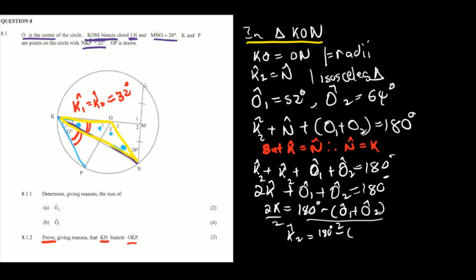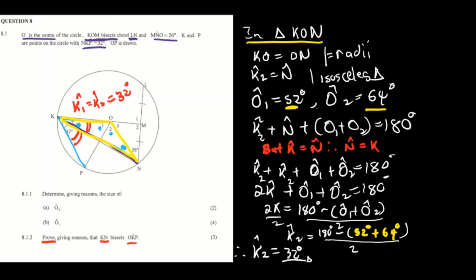O1, as I highlighted here, is equal to 52 degrees. So we're going to write 52 degrees plus O2, which is 64 degrees, right? And then divided by the 2. So therefore, angle K2 is going to give you 32 degrees. So you punch your calculator, you'll find 32 degrees.